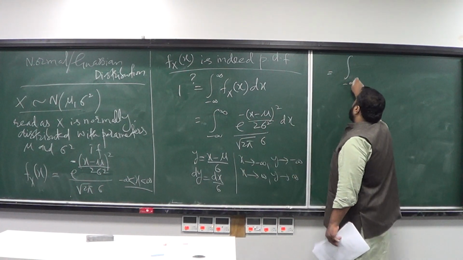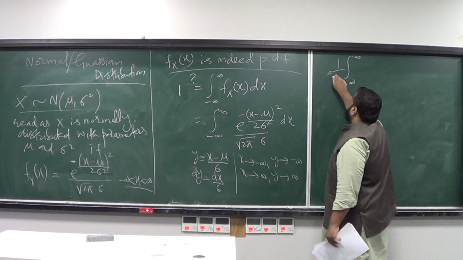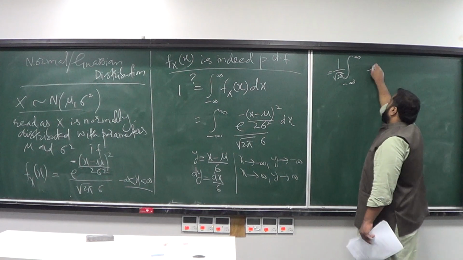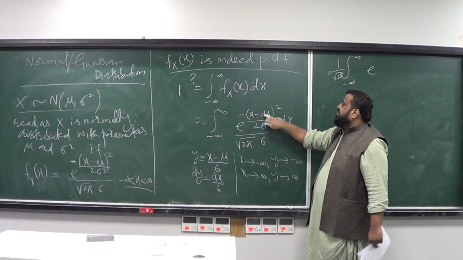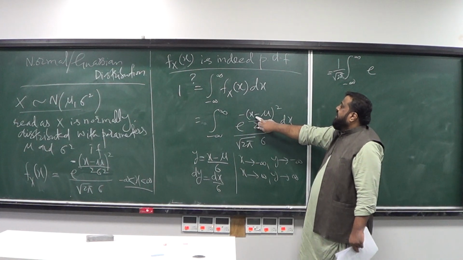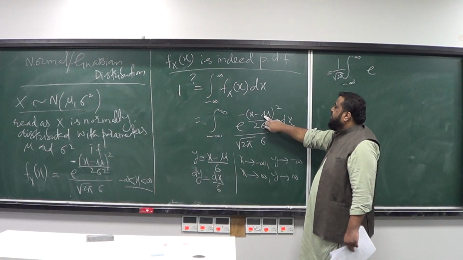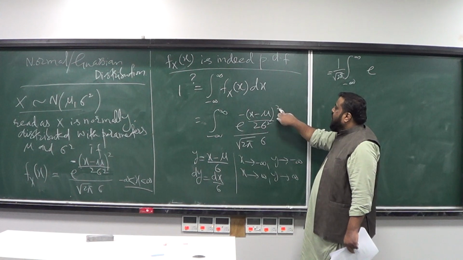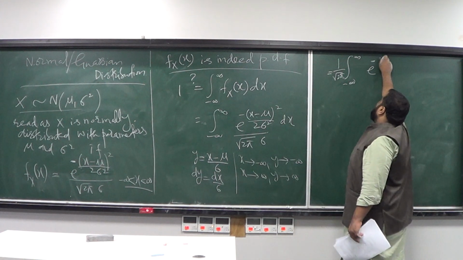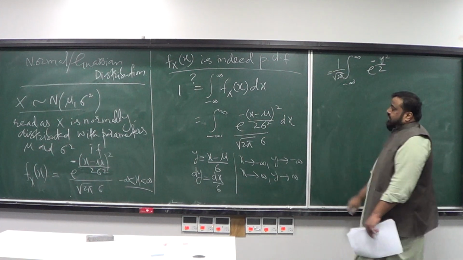So you have minus infinity to infinity. Let's put, say, square root of 2 pi here, and we're going to have (x minus mu) over sigma whole square. So I can put them together: (x minus mu) over sigma whole square divided by 2. So this is going to be minus y square upon 2.